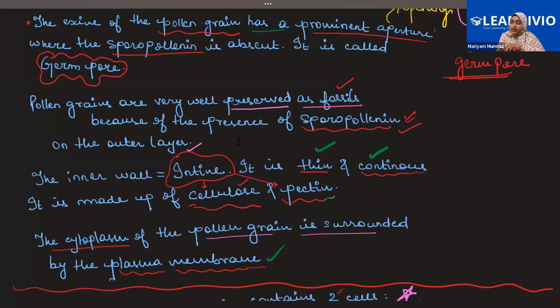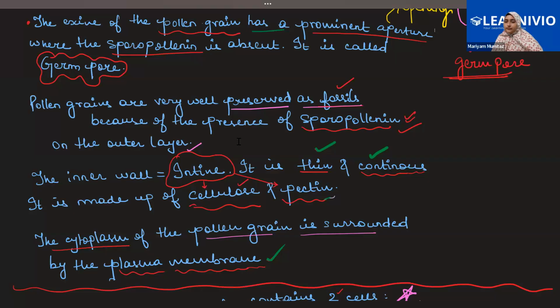Sometimes rock would come and fall on it and it will start accumulating. After thousands and thousands of years, when people take the rock, the outline of that particular insect will be there. That is a fossil. So the pollen grains can also be preserved in the form of fossils because they cannot be degraded easily because of sporopollenin.